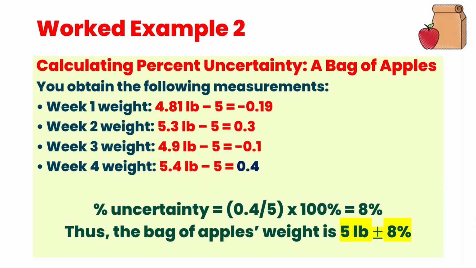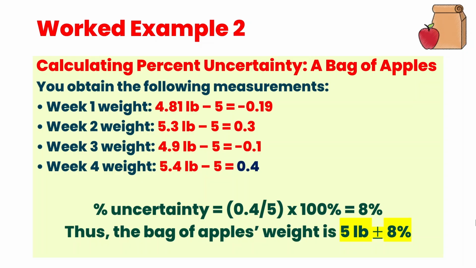Therefore, the bag of apples weighs 5 pounds. When you present your uncertainty, let's make use of the plus and minus sign, 8%. It means that the bag of apples can exceed up to 8% above and 8% below. The plus and minus sign actually denotes the range of values, because we are not sure that we get 5 pounds every week exactly.